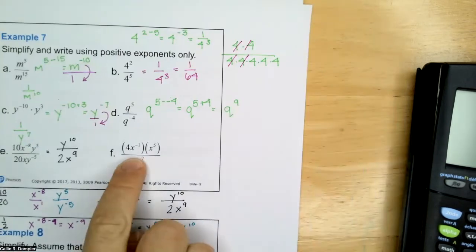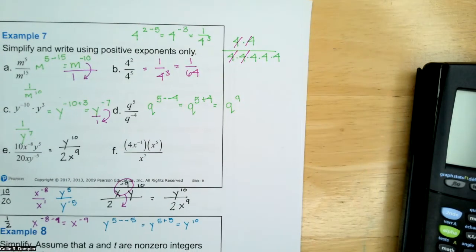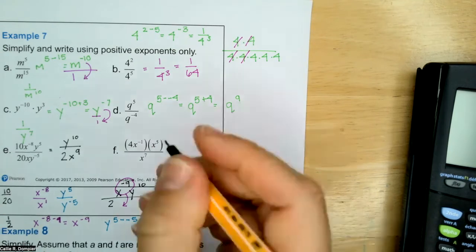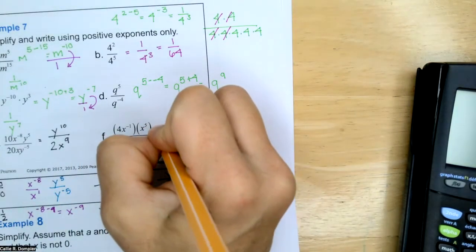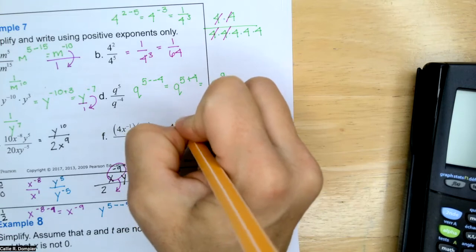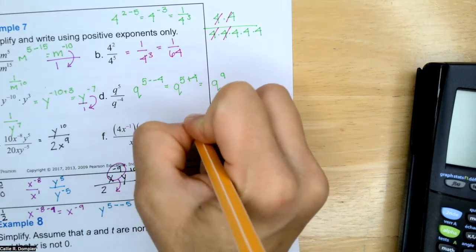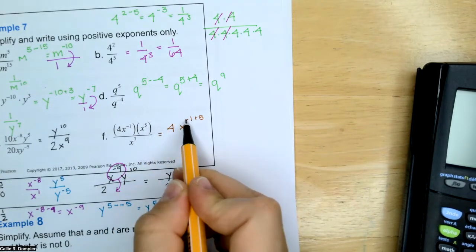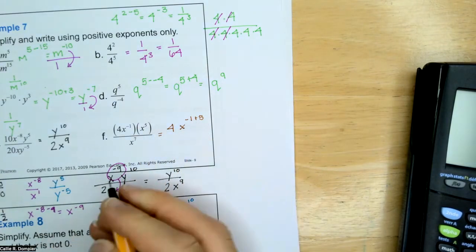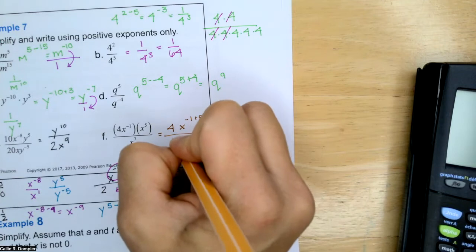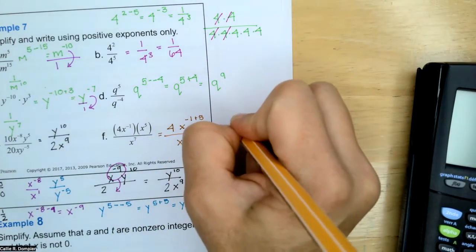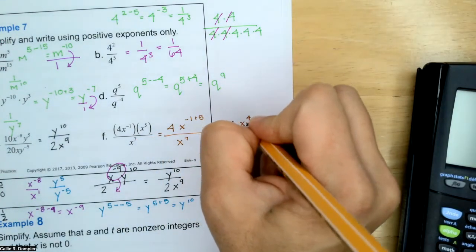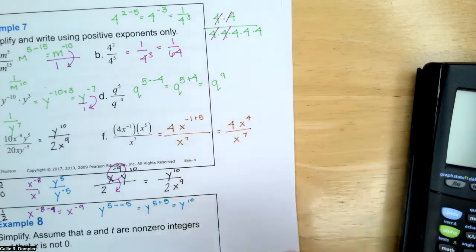Good. All right, over here we have 4 is my only number, so I'm just going to leave it as a 4. x to the -1 plus 5, right? Because I'm multiplying them, the base is the same, -1 plus 5 over x to the 7th is 4x to the 4th over x to the 7th.